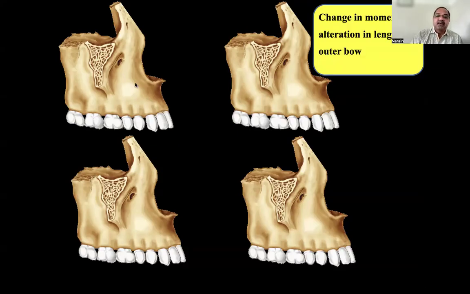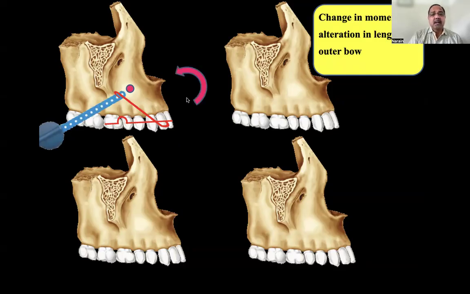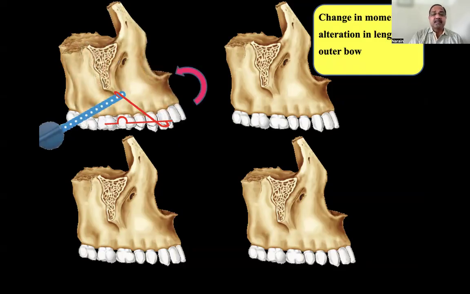Now, let us see the first situation, the center of resistance. The length of the outer bow is almost at the level of the center of resistance of the maxilla. But let us see all these situations. In this situation, it is above, I'm sorry, it is above the center of resistance. So you will get an anti-clockwise movement with intrusion of anteriors and extrusion of posteriors.